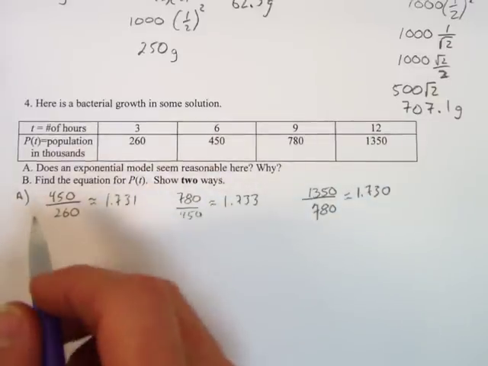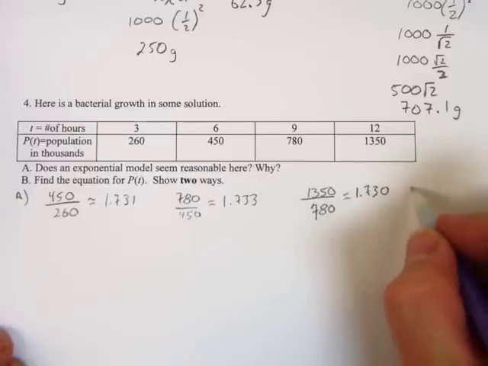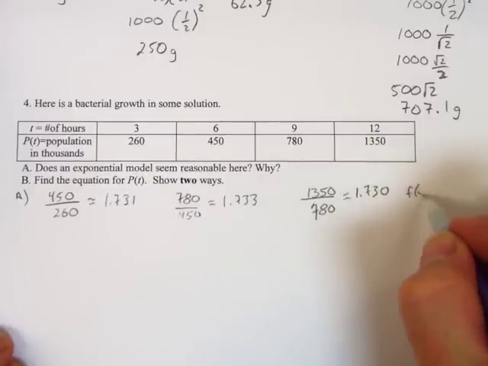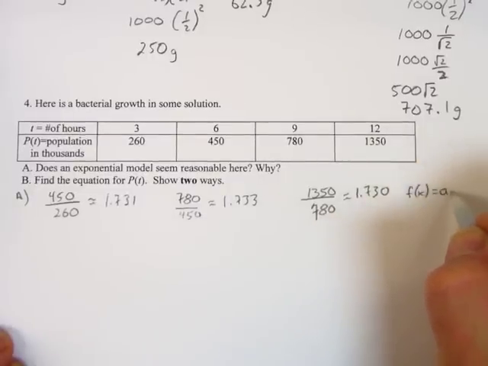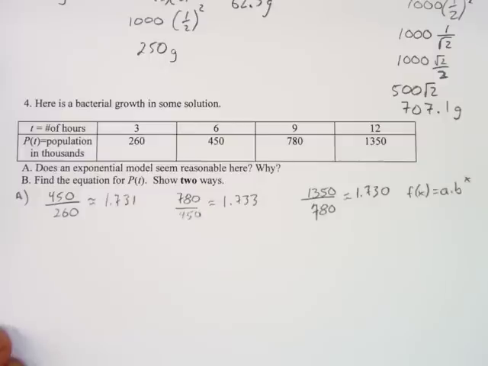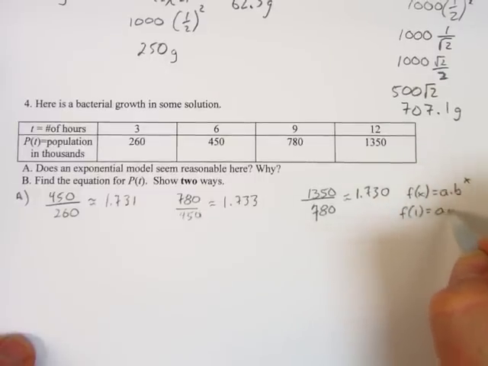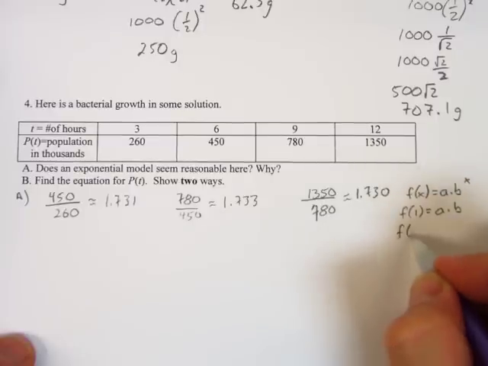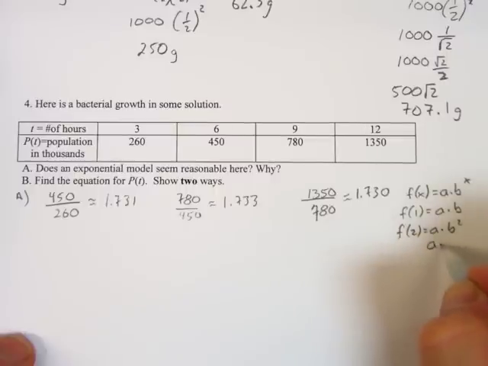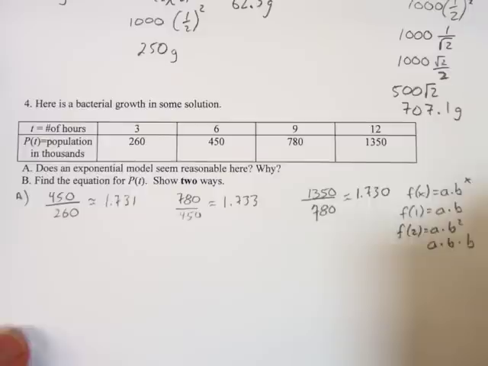Let's also take a look here when we're thinking about an exponential model. If I said f of x equals a times b to the x, that's what the first equation we wrote down. If I look at f of 1, that means a times b. F of 2 is a times b squared, or in other words, a times b times b. And b is our multiplication factor that I was just talking about.